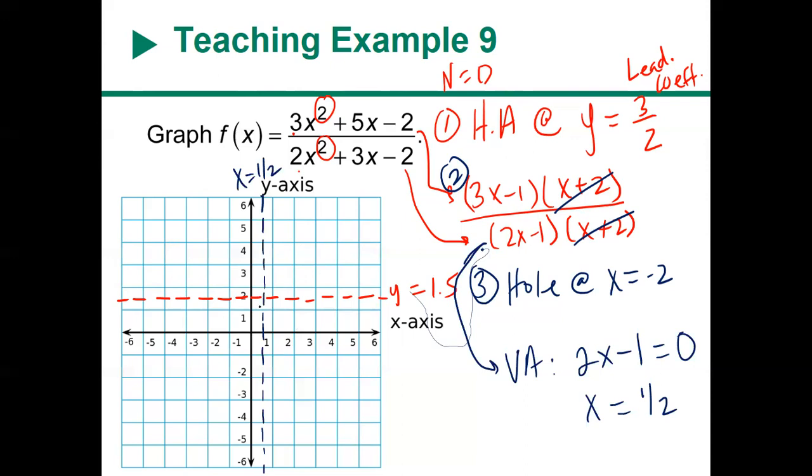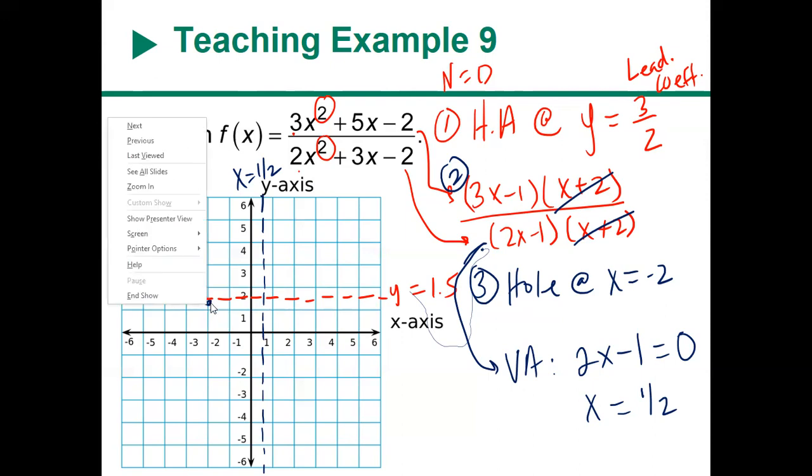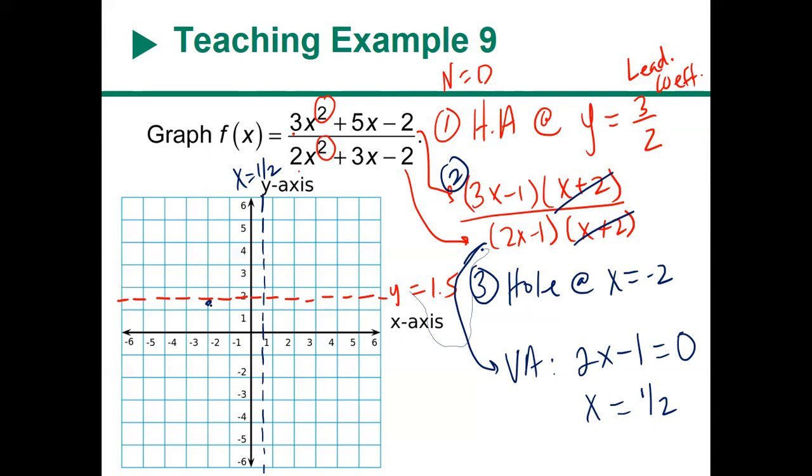So at -2, when you substitute this back in, you would get 7/5. So you were at about 1 2/5. So I'm gonna go to 1 2/5. There's gonna be a hole here. So there's a hole there, and then it'll continue its way out.